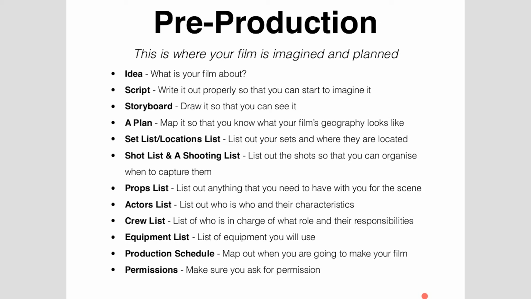Your ideas page, your script, your storyboard, your plan, your set location, your locations list, your shot list and your shooting list, props, actors, crew, equipment, your production schedule, and your permissions all happen before you go to set, before you go to location, before you film. Essentially, when you get to location, you've made your film many times in your head, and all you're doing on location is capturing your vision of your film.